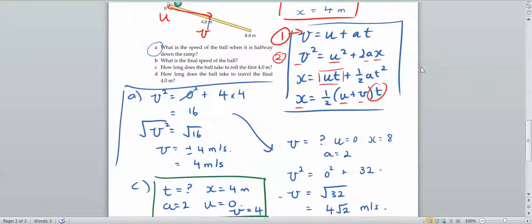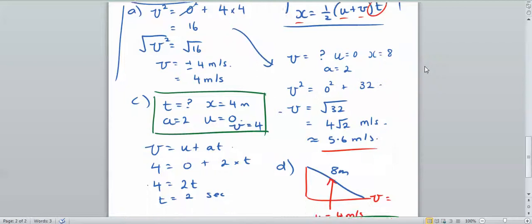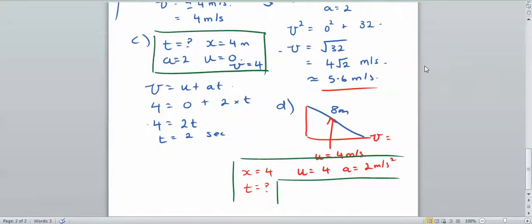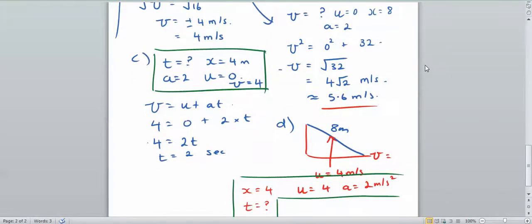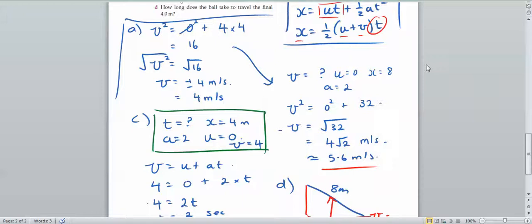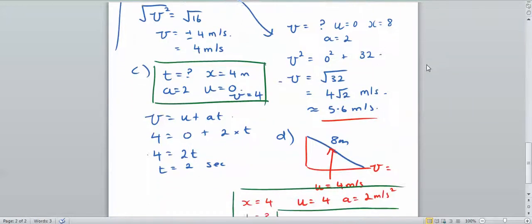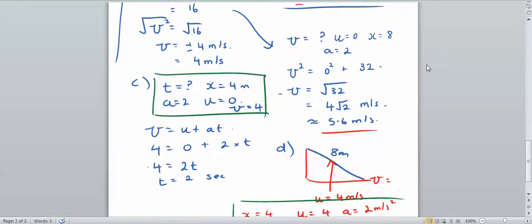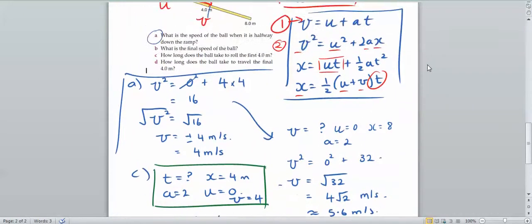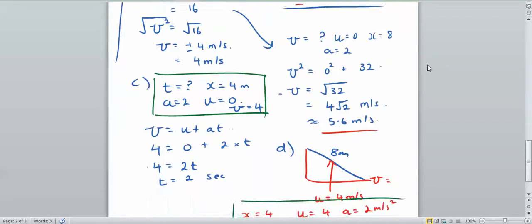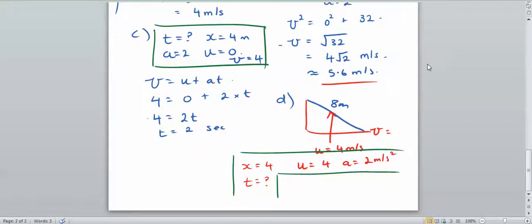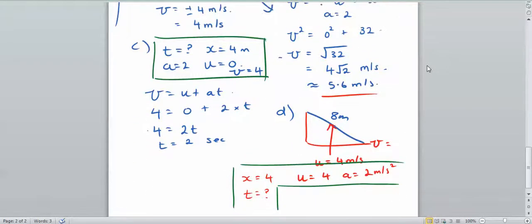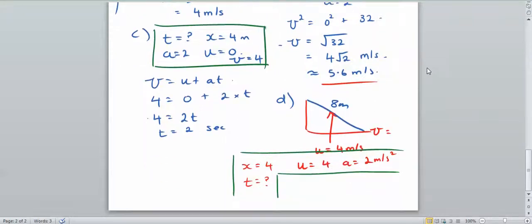It's really not. Let's use x equals ut plus a half at squared. Okay, we could use that one. x is equal to a half (u plus v) times t. Well, we could use that one as well, or v is equal to u plus at. Well, I guess we're probably going to have to use our final velocity.